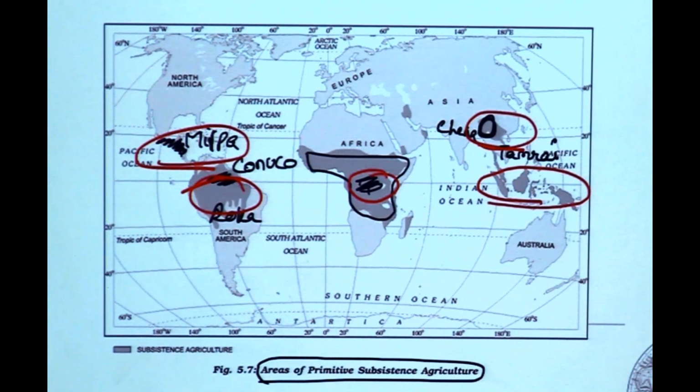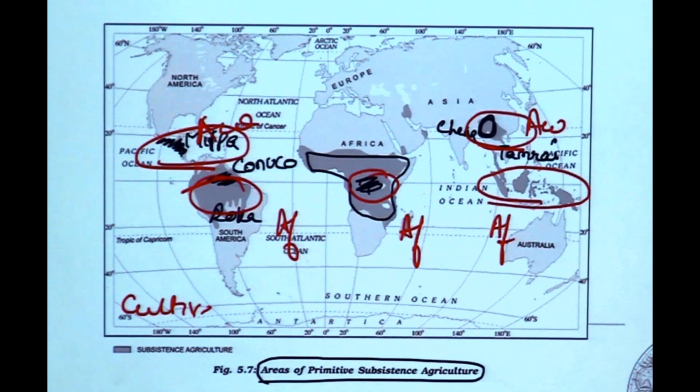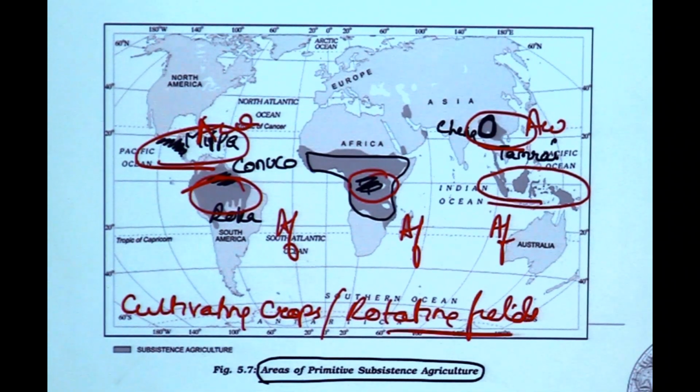So if I use Köppen's alphabetical symbols, which I believe we are comfortable with, it is these two climatic regions where we are essentially taking primitive subsistence agriculture. Here we are cultivating crops and rotating fields. And needless to emphasize, it is for self-consumption.